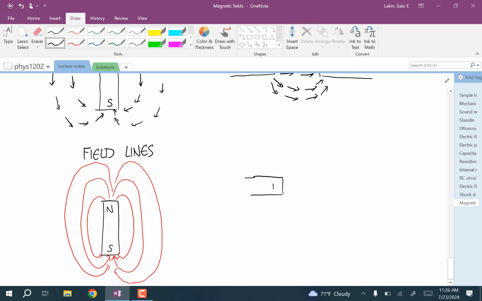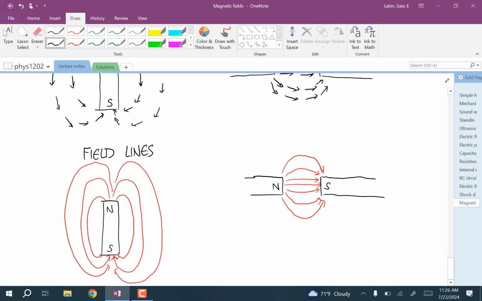And you can see this is just a little faster way to represent it. And if I do the thing with the north and south of two different magnets facing each other, these field lines look like this. So how would you use these field lines to figure out a specific magnetic field vector?